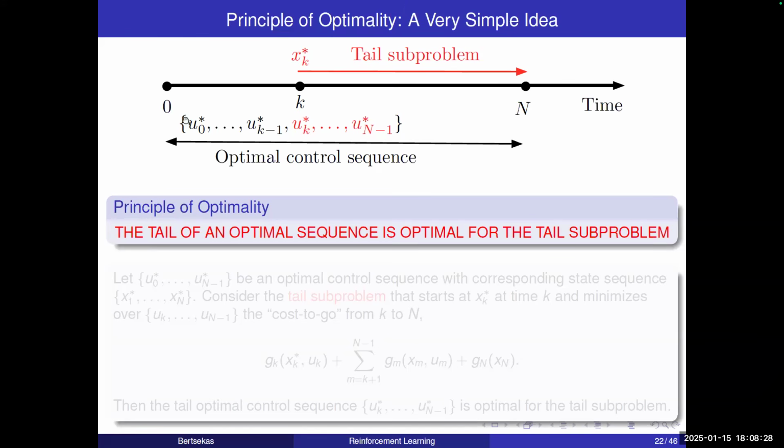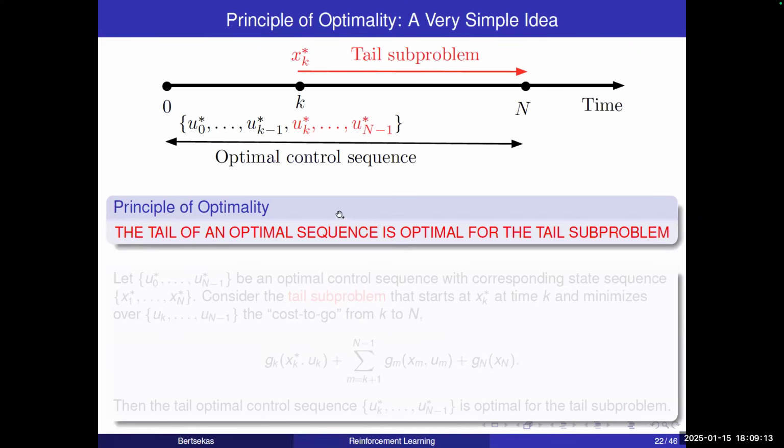Then, for the original problem, we can obtain a new solution by picking up the initial portion of the original optimal control sequence and concatenating it with this newly discovered optimal sequence for the tail subproblem. Then we would get something even better than the original sequence. But of course, that is not possible because by assumption, the original is already optimal. So that's how we give the mathematical argument for the principle of optimality.